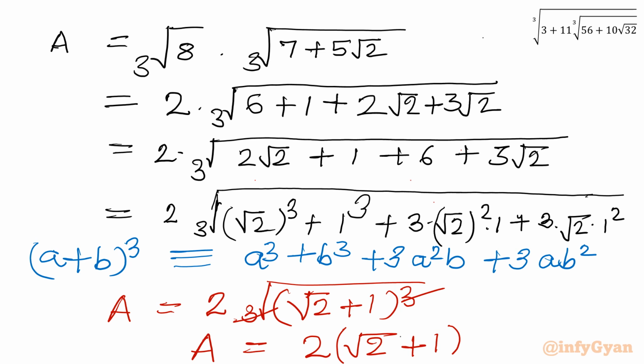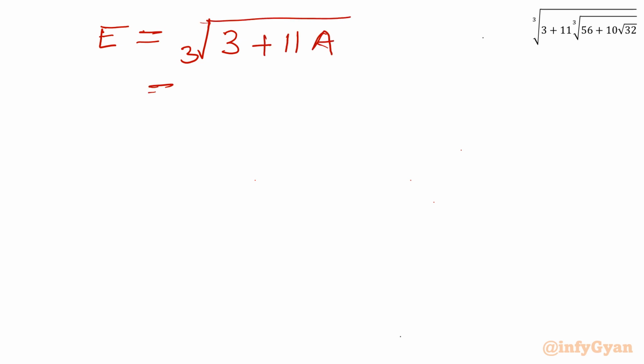Now let's put this value in our expression E. I will write E equal to, it was cube root 3 plus 11A. So I will be writing here cube root 3 plus 11 times 2 times square root 2 plus 1.